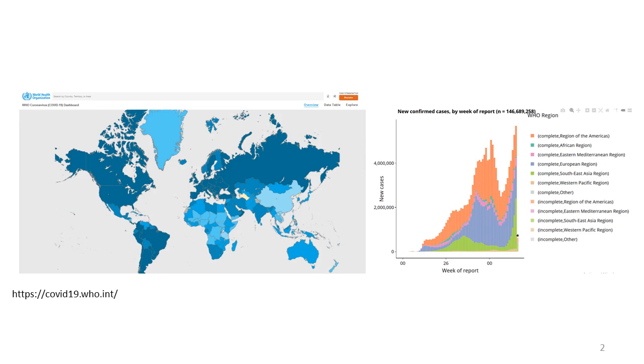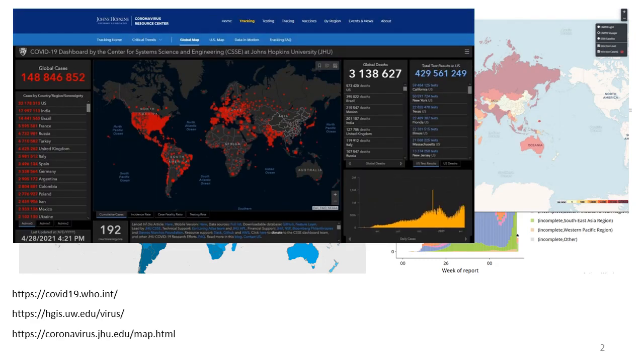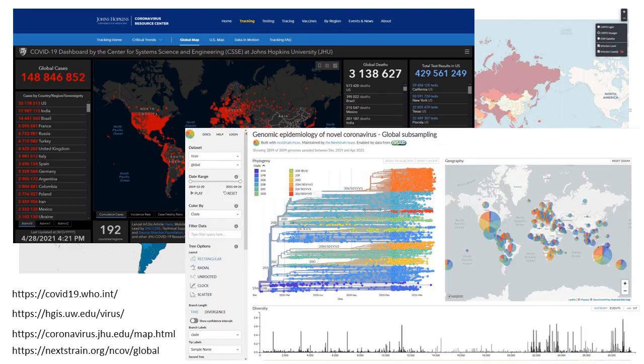Since the beginning of the pandemic, we saw a lot of examples of dashboard visualizations of COVID-19 related data, integrating interactive maps with synchronized temporal diagrams, and showing different levels of complexity and interaction possibilities.